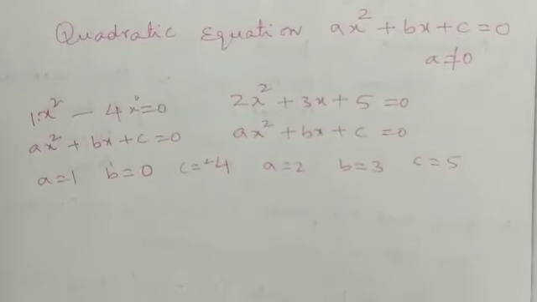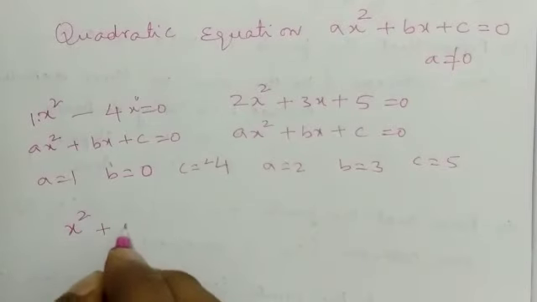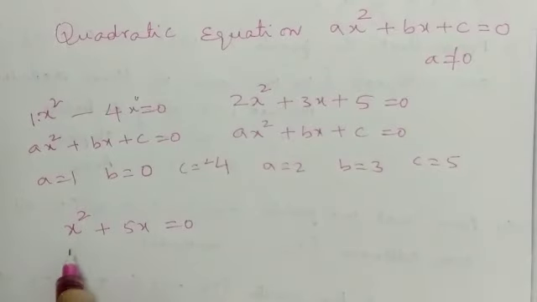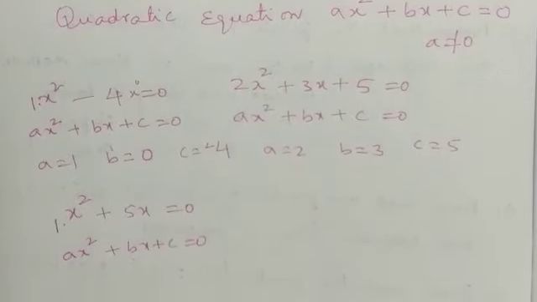One more example. x square plus 5x equal to 0. Compare. If there is no coefficient, it is 1. Compare with ax square plus bx plus c equal to 0. What is a? a equal to 1, b equal to the x coefficient 5.